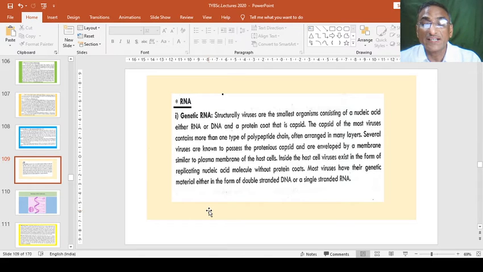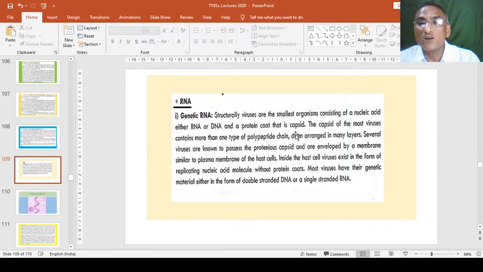These are double stranded. Now we will see RNA. RNA is generally single stranded. First, genetic RNA. Structurally, viruses are the smallest organisms consisting of a nucleic acid, either RNA or DNA, and a protein coat, that is capsid.